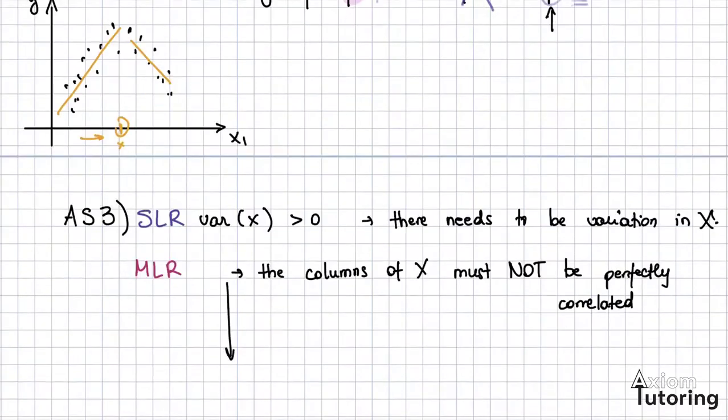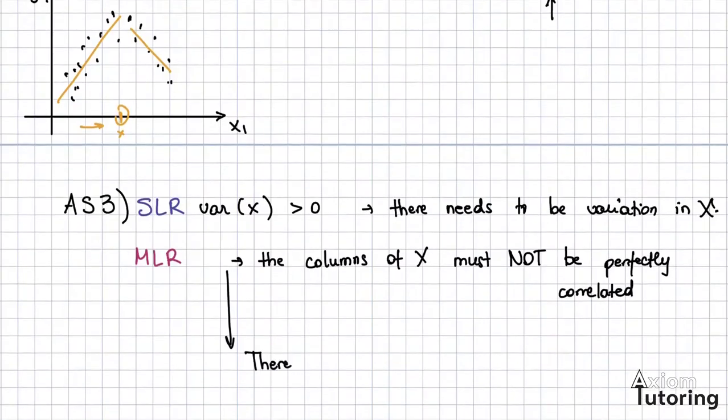Or the scalar version of it, so for whoever works with scalar, is that there's no perfect collinearity. Okay? For those of you working with the matrix versions, the columns of X must not be perfectly correlated is equivalent to saying that our X prime X matrix is invertible.